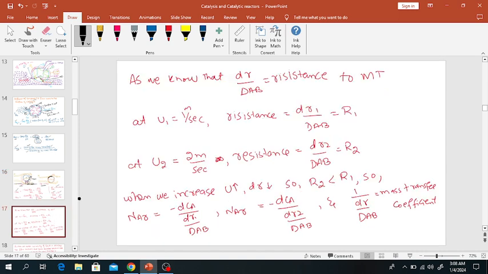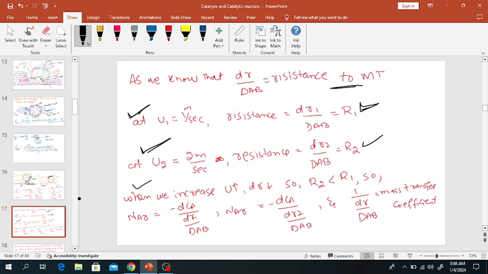As we know, dr divided by DAB is a resistance to mass transfer: when the fluid velocity is 1 meter per second, resistance to the mass transfer will be r1. When the velocity of the fluid is increased, resistance to mass transfer will be r2.